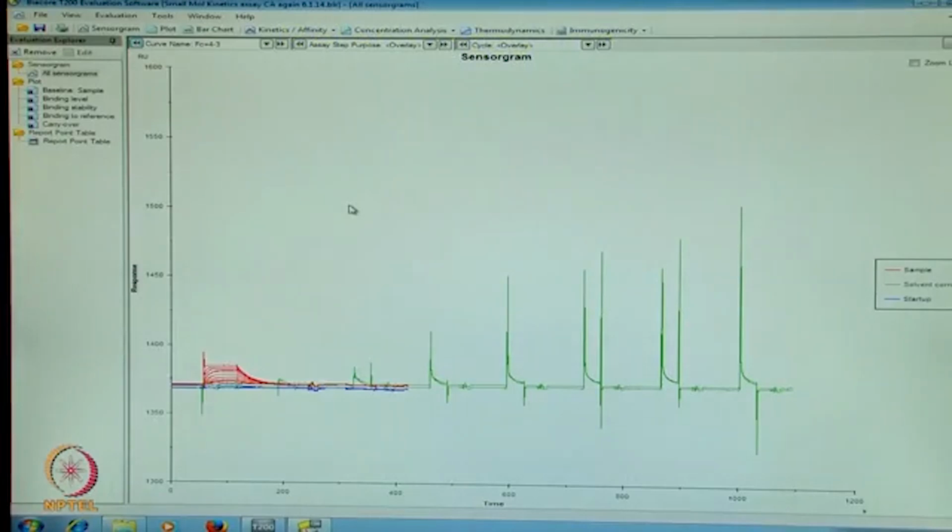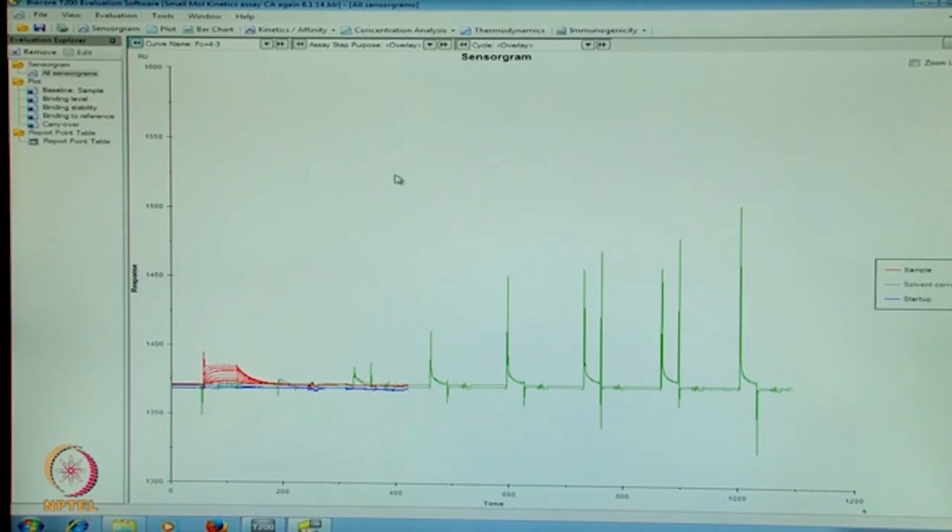Now we will look at the kinetic data generated from the interaction of carbonic anhydrase with furosemide. The data looks like this way with a sample, solvent correction and a startup.